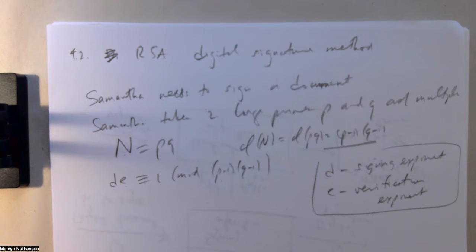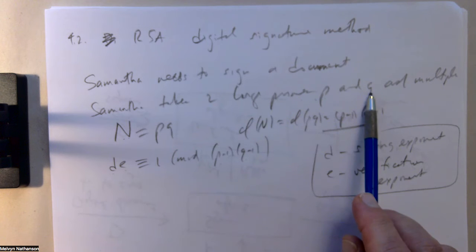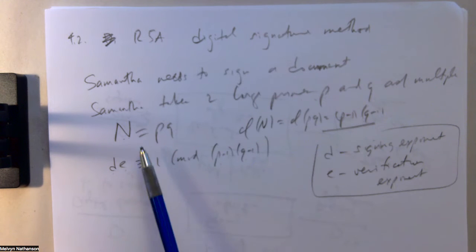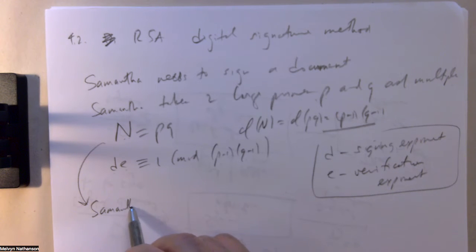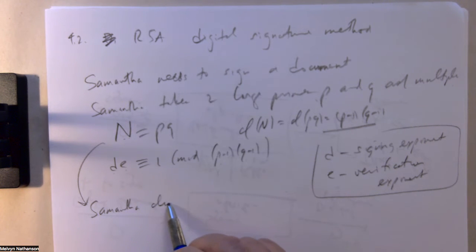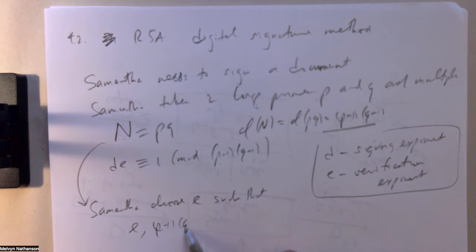So just to make everything as clear as I can, Samantha takes two large primes, P and Q, multiplies them together and gets this number, capital N. Then Samantha chooses an integer E such that E is relatively prime to (P minus 1)(Q minus 1).